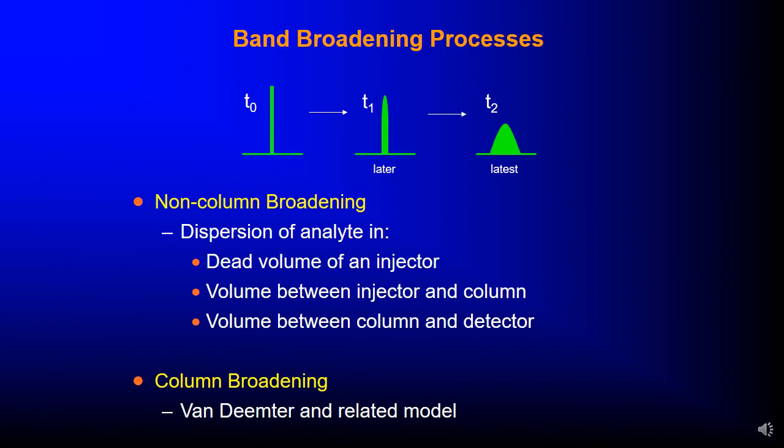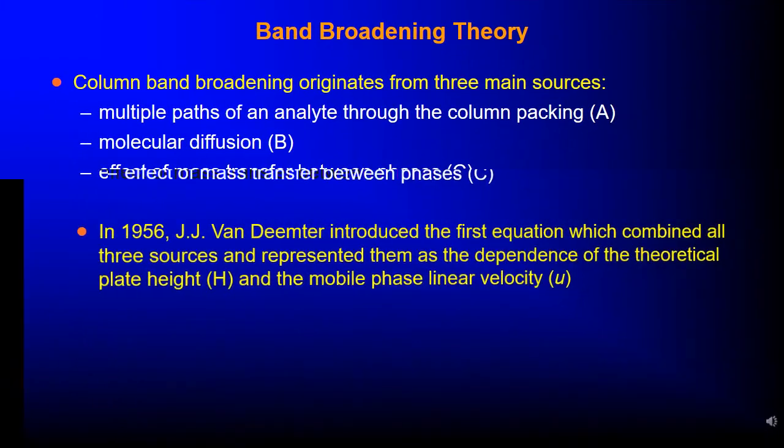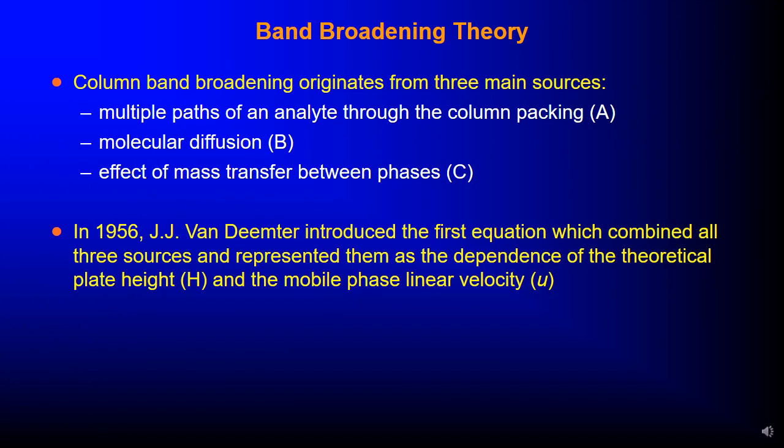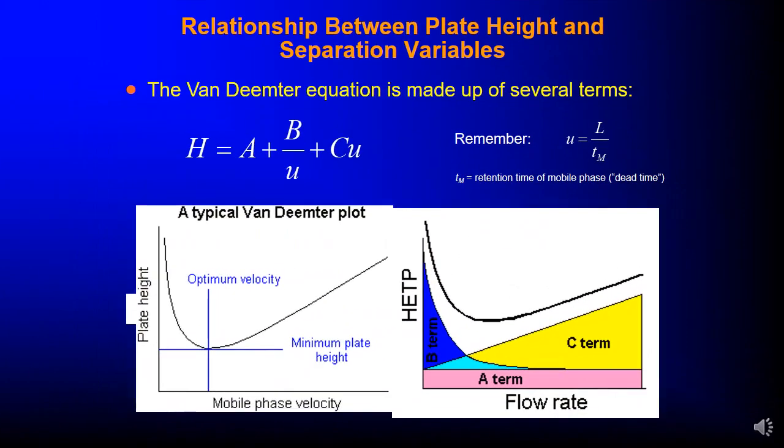In practice, it is convenient to measure band broadening either at the base or at the half height. There is also non-column broadening, dispersion of the analyte in the dead volume of the injector, and volume between the injector and detector. Column band broadening originates from three main sources: multiple paths of an analyte through the column packing, molecular diffusion, and the effect of mass transfer.